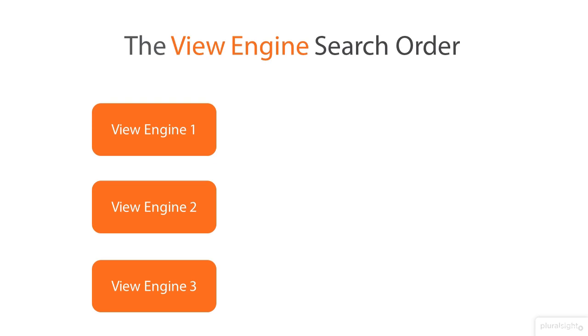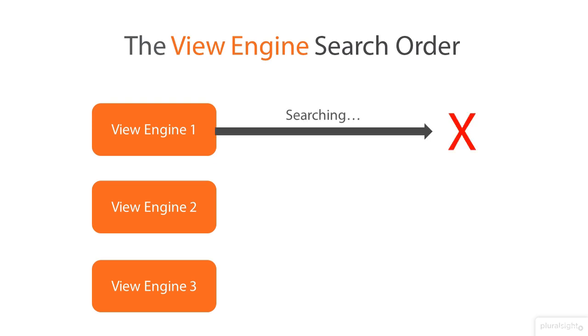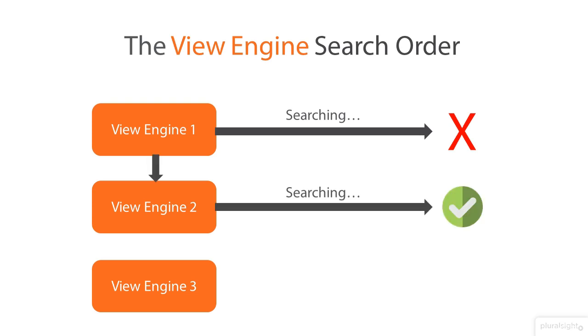The other view engines are never used for that request. So for example, if our application has 3 view engines registered, if the first view engine can't find an appropriate view, the framework will try the second one. If that view engine does find a view, the third will never be utilized for that request. You can register view engines and change their evaluation order using the static ViewEngines collection in your global.asax file.